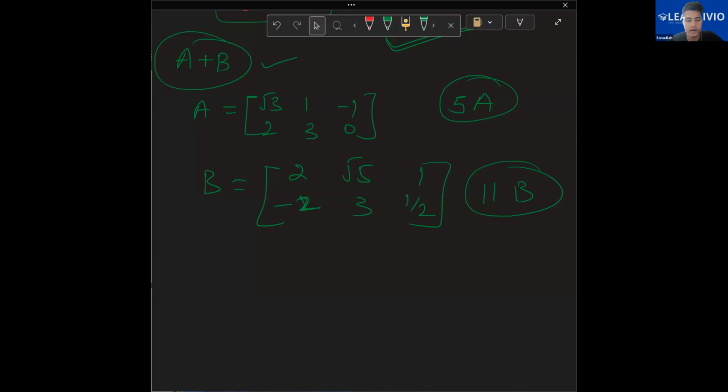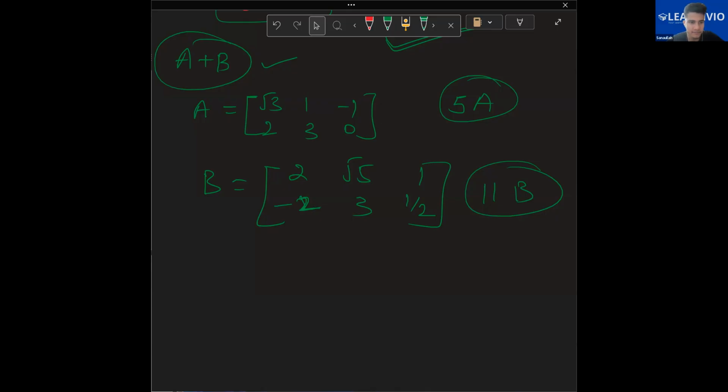While doing addition, we can write it as A plus B equals B plus A. But remember one thing, when we are multiplying the matrices, AB is not equal to BA in matrices, right? We will do that type of questions.